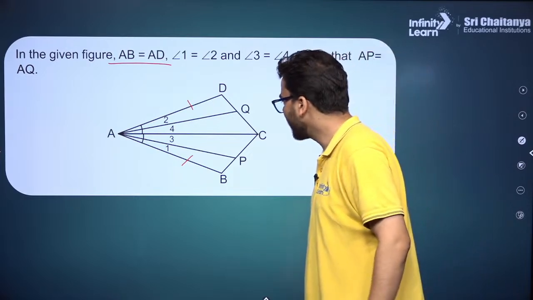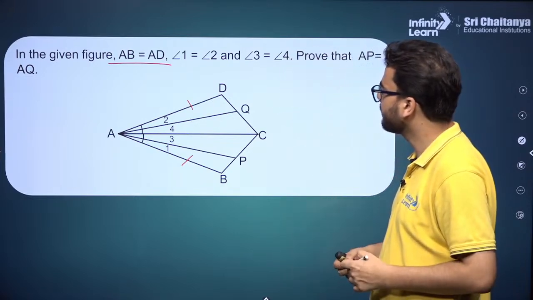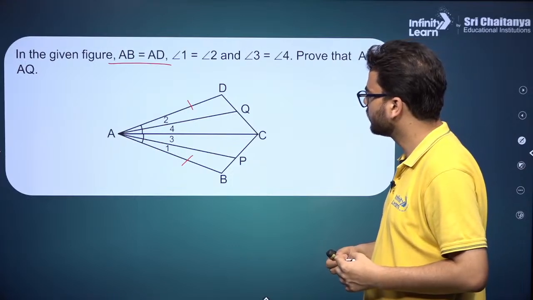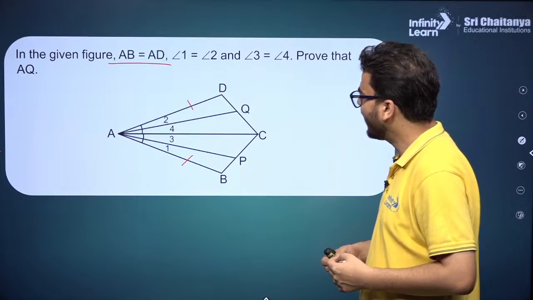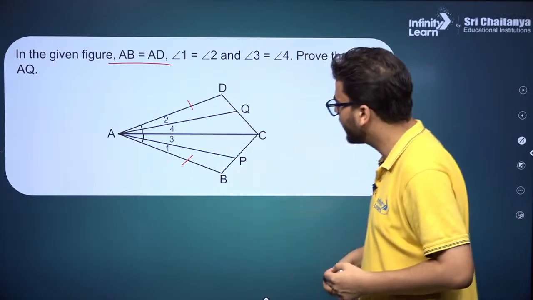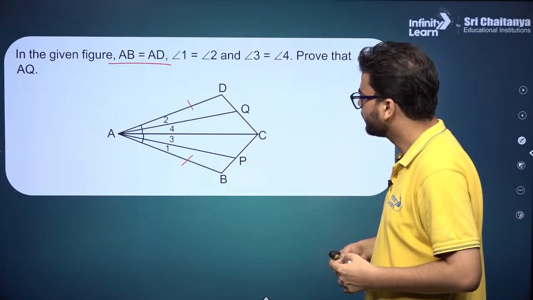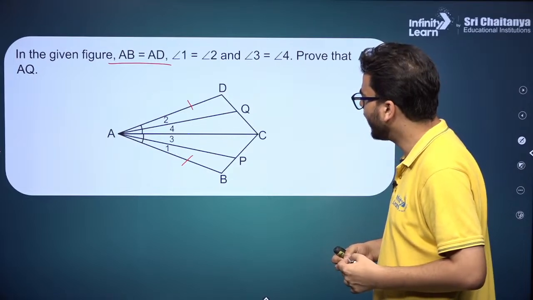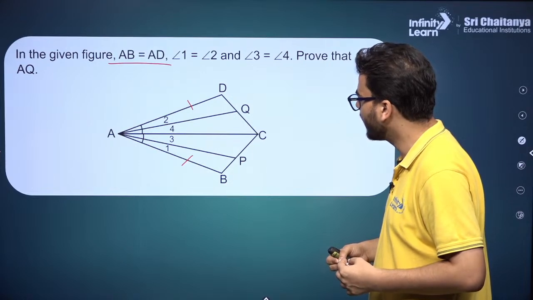So over here, AB is equal to AD is already given to us, right? And we have to prove AP is equal to AQ, right?